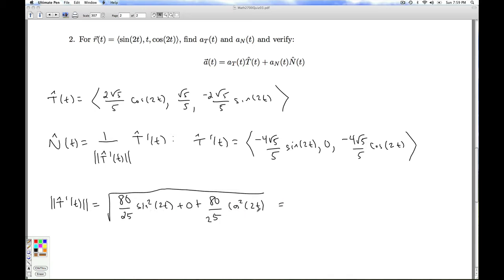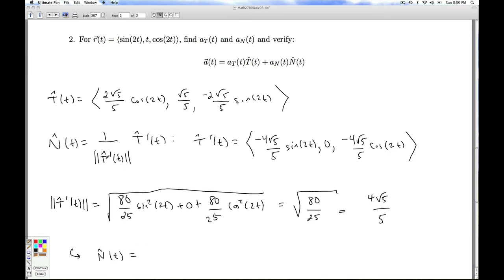Sine squared of an angle plus cosine squared of an angle equals 1. So Pythagorean magic does happen. I get square root 80 over 25. And that simplifies to 4 square root 5 over 5, which is the absolute value of the coefficient there of the sines and the cosines. So you put this all together to get N hat of t.